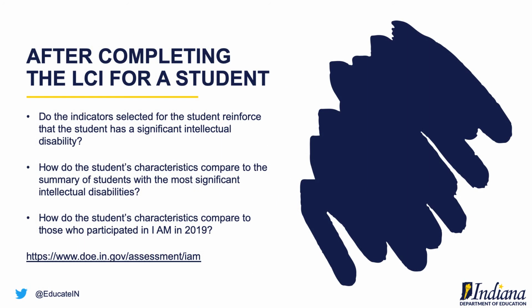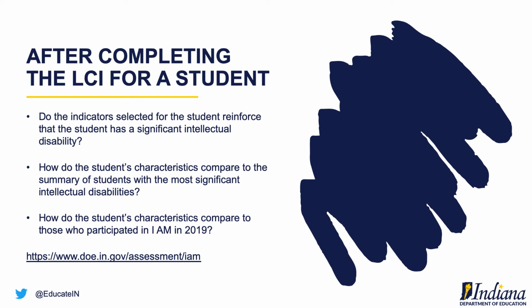Here are some questions members of the case conference committee can contemplate after the learner characteristics inventory has been completed for the student. Do the indicators selected for the student reinforce that the student has a significant intellectual disability? If not, this may indicate the student does not meet all 4 participation criteria and is not eligible to participate in the alternate assessment.